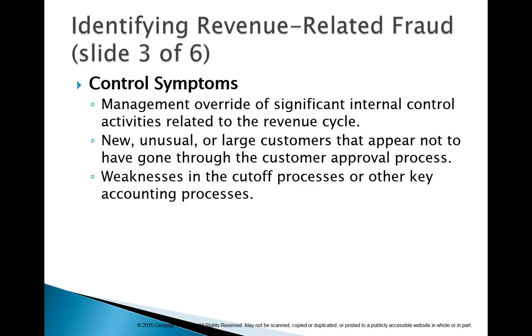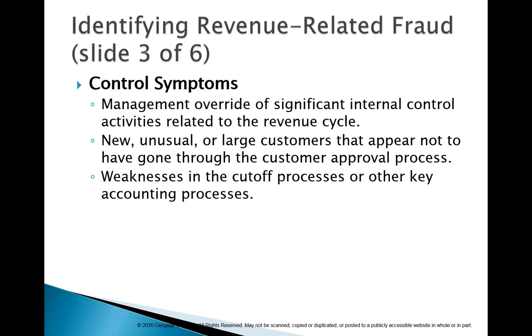But if management can override those controls at any given time, which they generally can, then management always has the opportunity to commit fraud. And management usually does have the opportunity to commit financial statement fraud, because they prepare the financial statements, they oversee internal controls, and there's almost always a mechanism for them to override those controls.